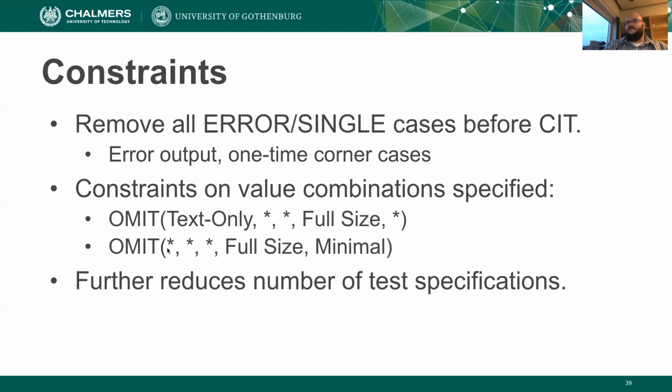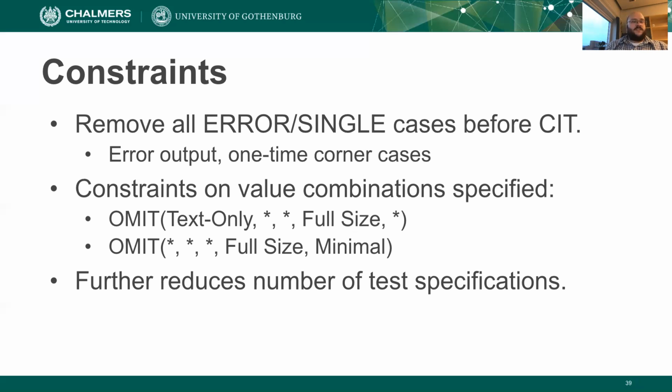We can note pairings between 3 or 4 or 5 of these that we're going to ignore and not allow in our list. So these patterns describe combinations that should be omitted from our list that we get in the end. So, right, for this previous example, we might specify constraints between text only and full size, or full size and minimal, or so on.